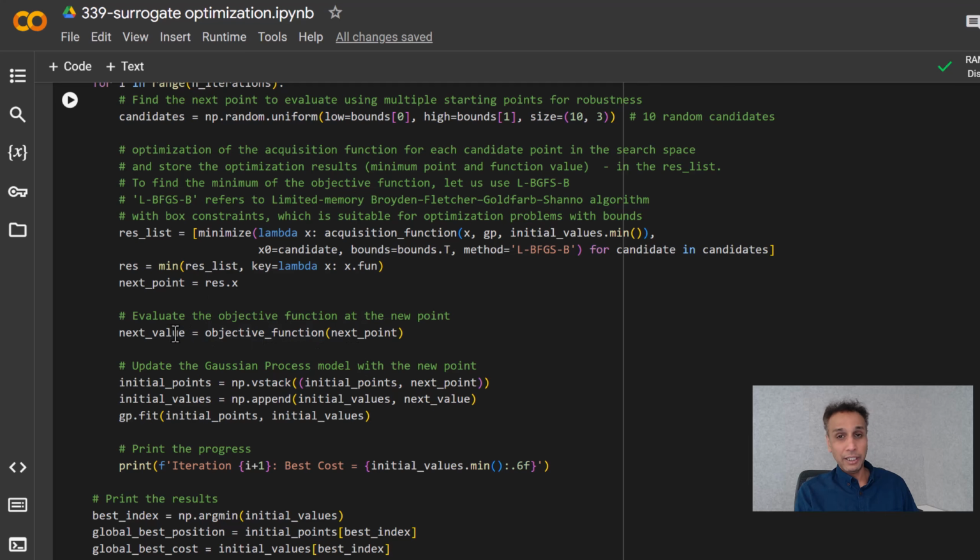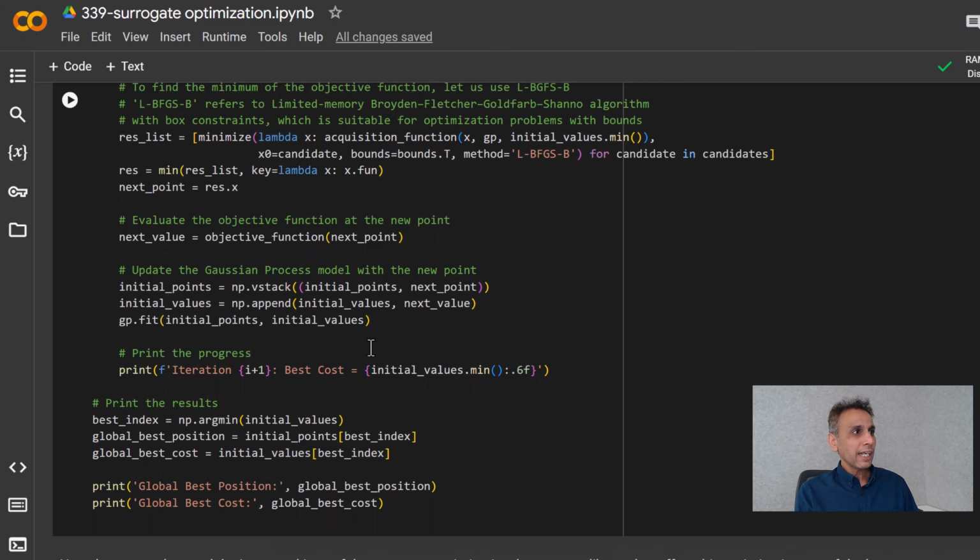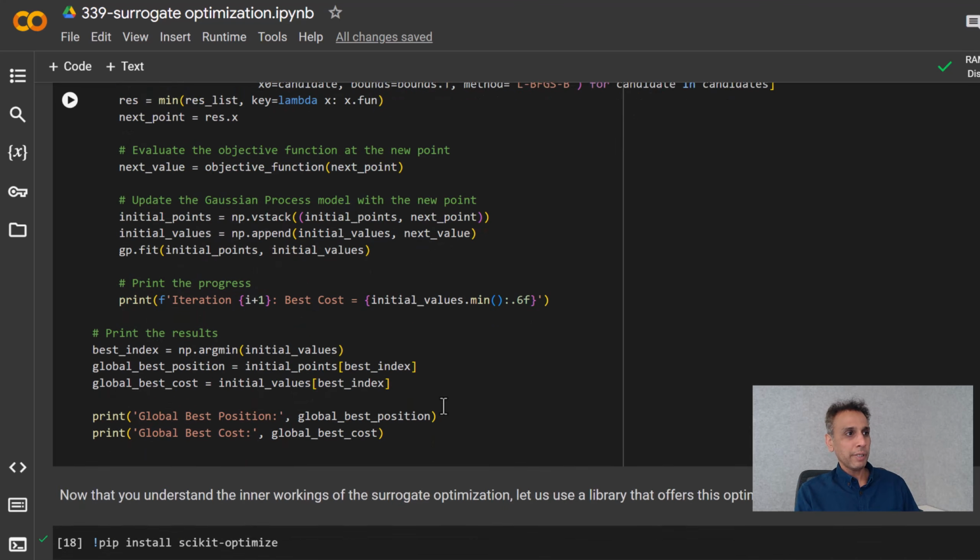You get the next value when you plug that into the objective function. And that's it. So you're again fitting this with the next points and the next values, and getting this updated fit of your surrogate function. You do this in a loop for however many points. And of course, you're going to print the results in terms of what the best points are, what the values are, and what the objective value, the cost function, is.